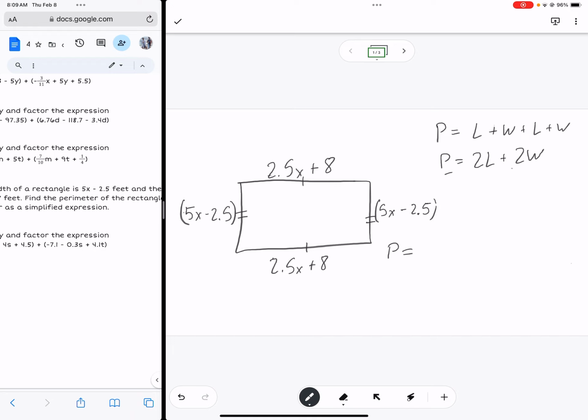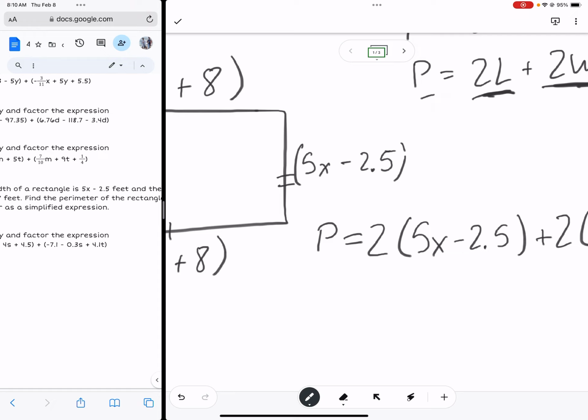And our width right here, we're going to plug in the 2 and we're going to plug in the W. So we're going to plug in our width. And then we have to add our length. So it's going to be times 2. And then our length is on the top and the bottom. So it's going to be 2.5x plus 8.